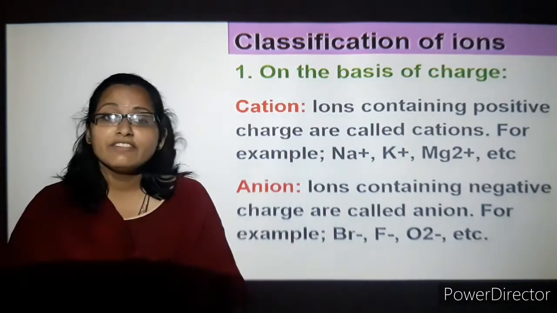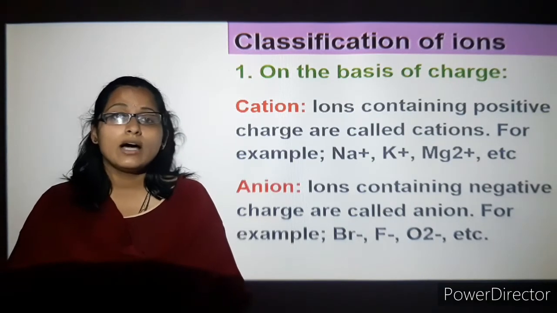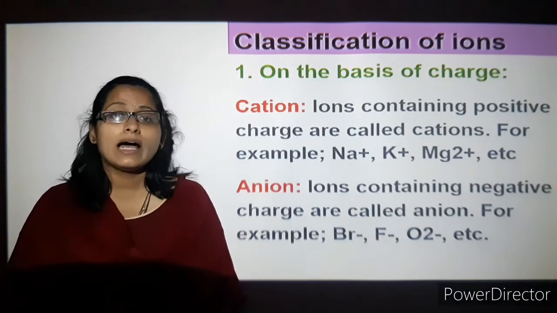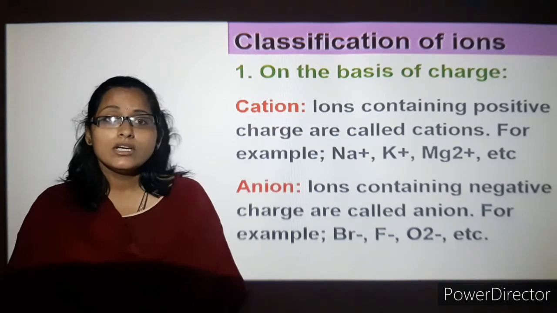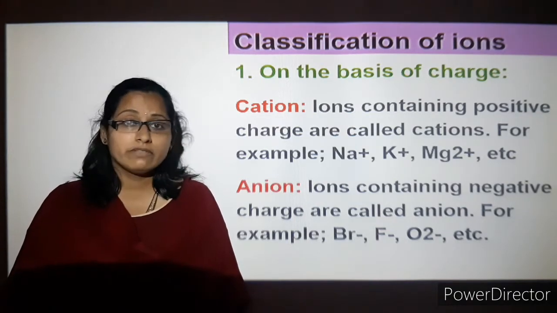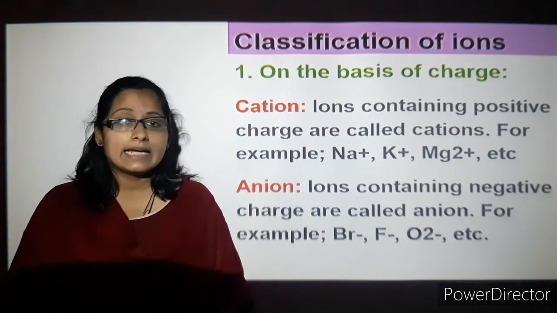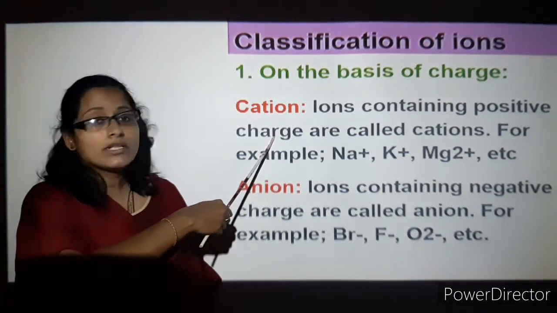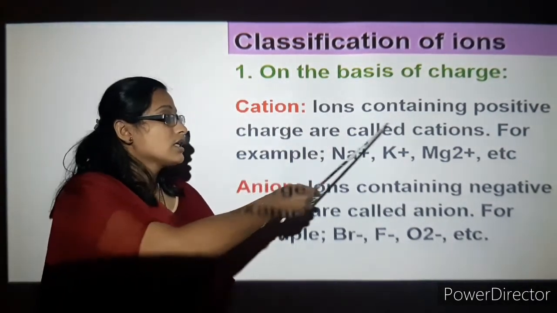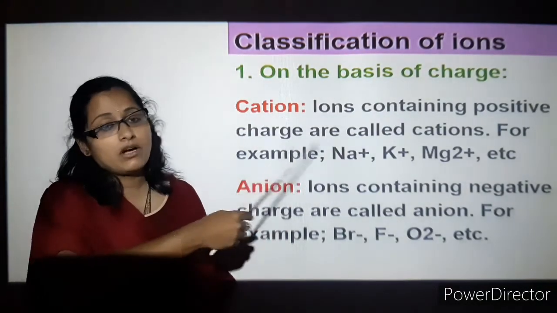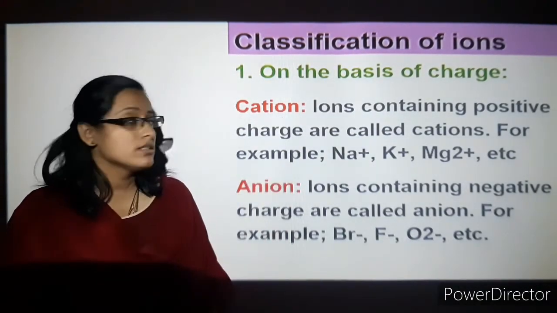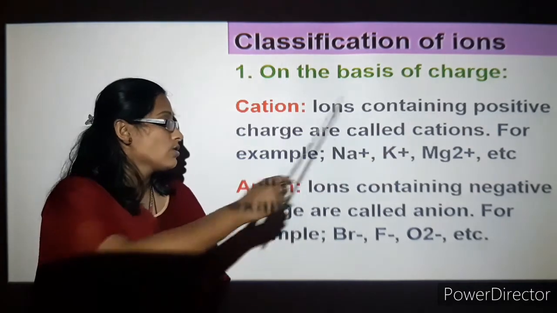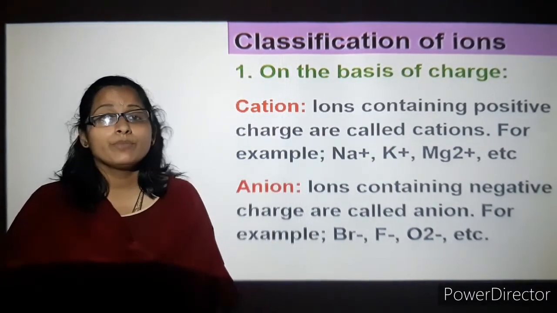So let's classify the ions. As I told, ions can be classified into anions and cations. Cations are positively charged, anions are negatively charged. Let's understand cations once again. Ions containing a positive charge are known as cations. Examples are purely metals.